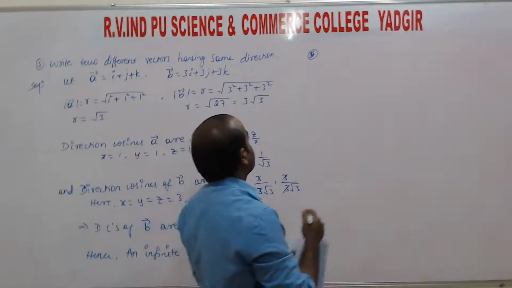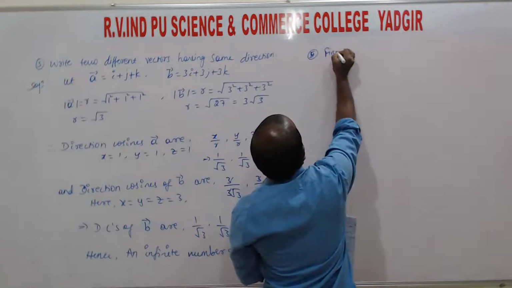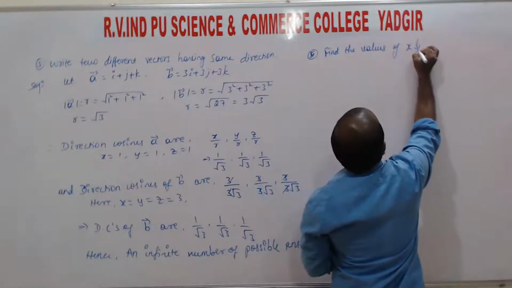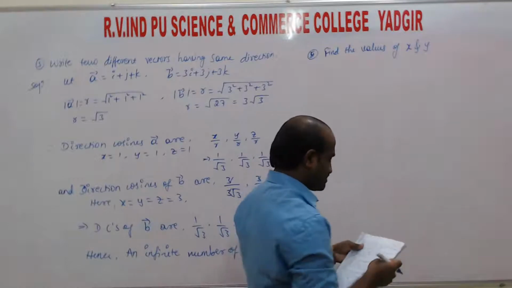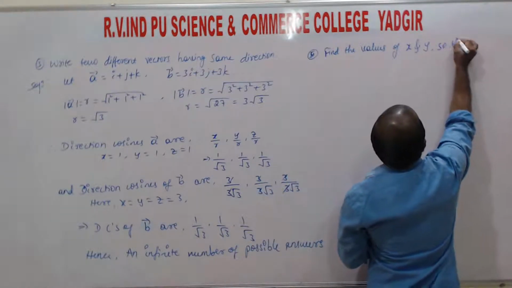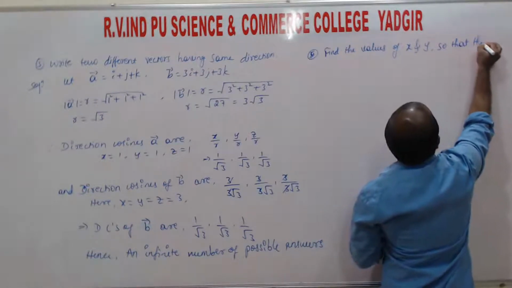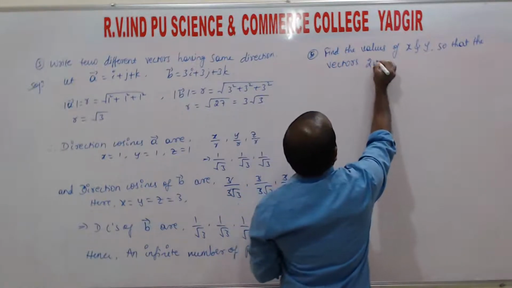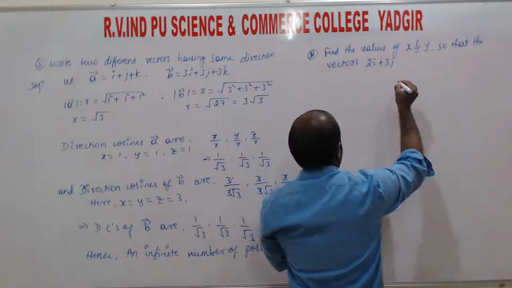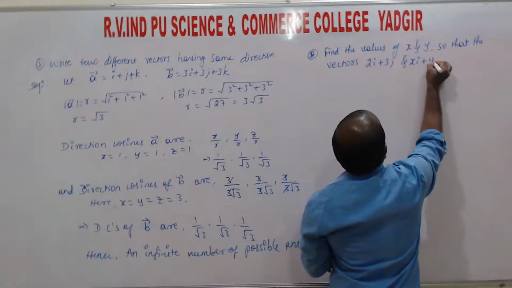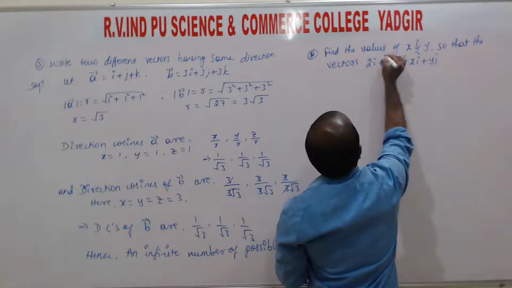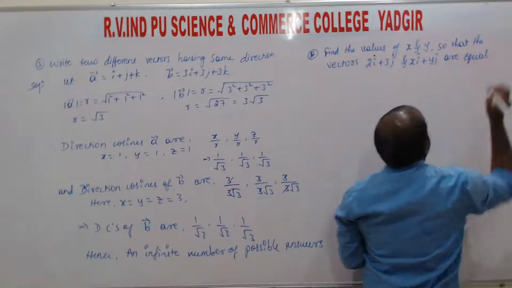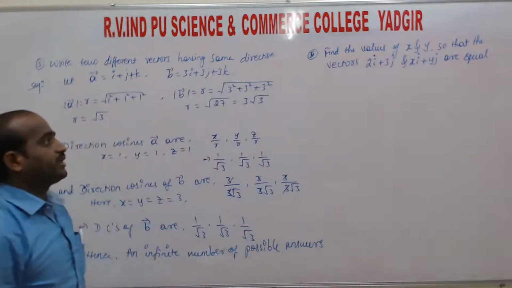Okay, next question is: find the values of x and y so that the vectors 2i plus 3j and xi plus yj are equal. This type of question is over. Two vectors are equal.